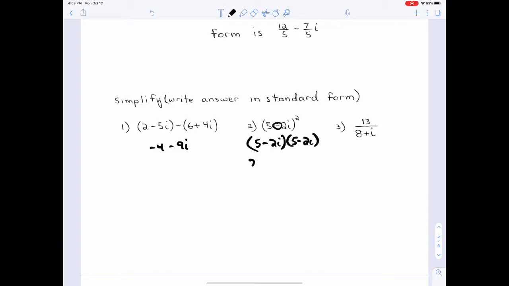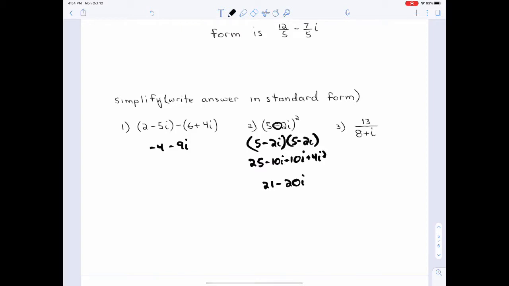That gives us 25 minus 10i minus 10i, and then plus 4i squared. So we combine the 25 and the minus 4, which is plus 4i squared, into 21 and then minus 20i.